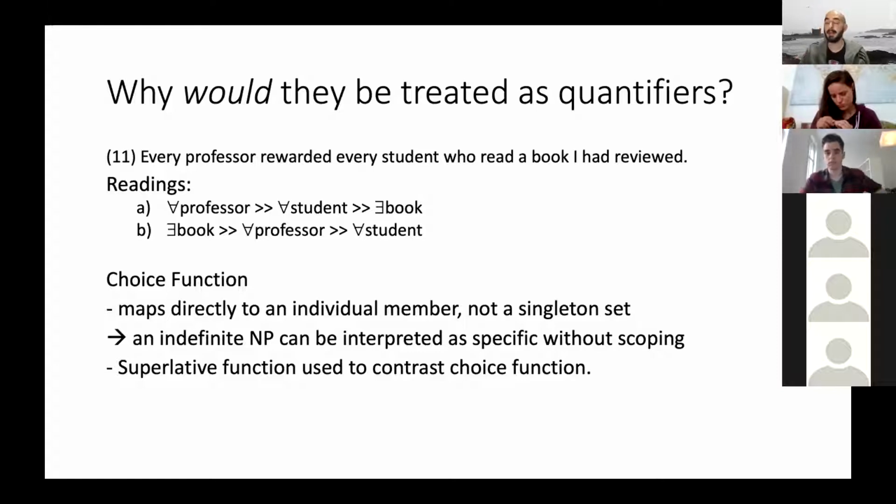And then they discuss this idea that I think goes back to Reinhart's work, right? I think Winter also talked about this, about using a choice function, right? So can you explain a little bit to me what a choice function is?